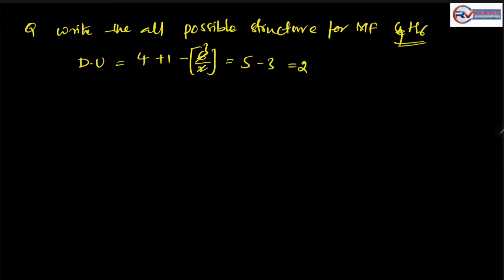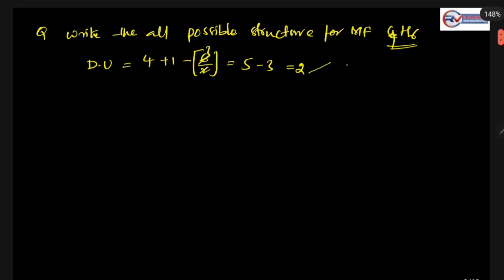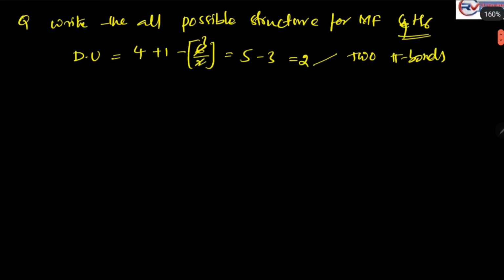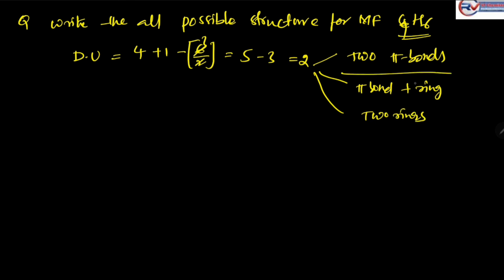If the DU is equal to 2, the possible structures are 2 pi bonds, or 1 pi bond plus 1 ring, or 2 rings. These are the possible structures.